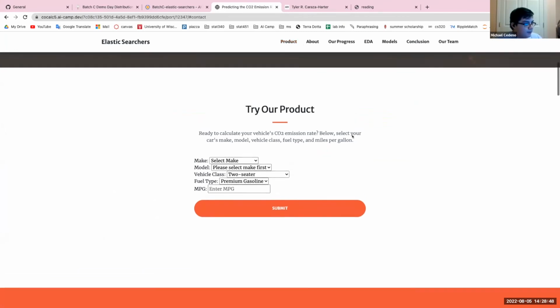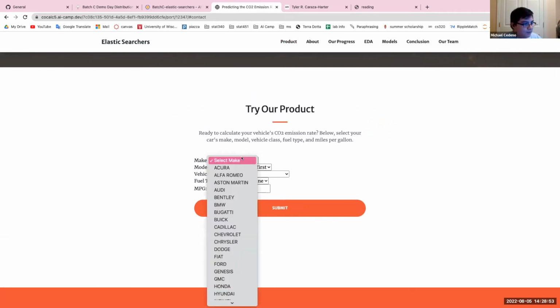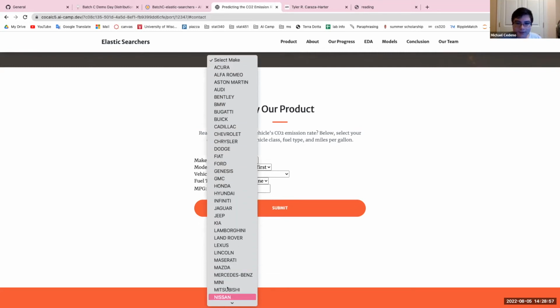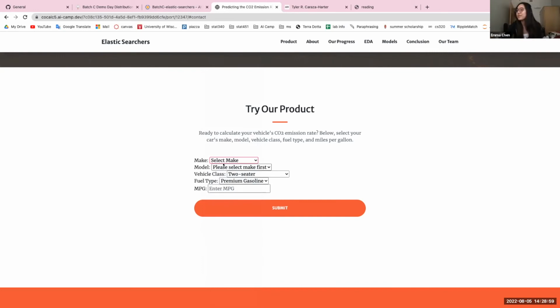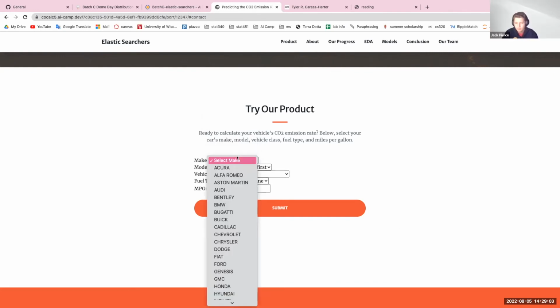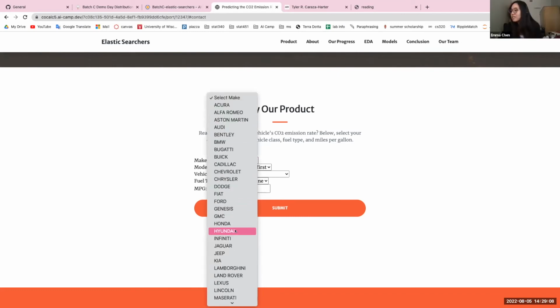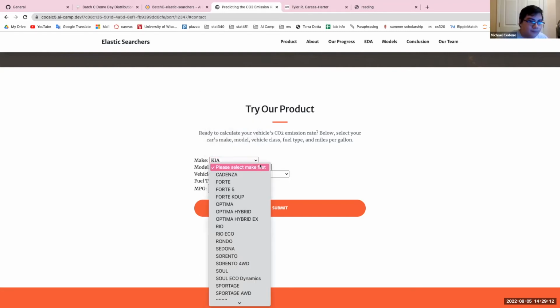So now we're gonna demo our product. If anyone would like to suggest a car, or we have one that we can use. Feel free to unmute or type in chat. Kia Rio. Does it start with K? Kia? Yeah. And then Rio? This one?